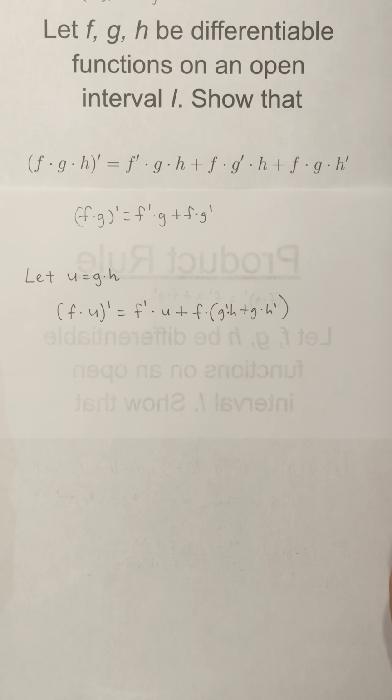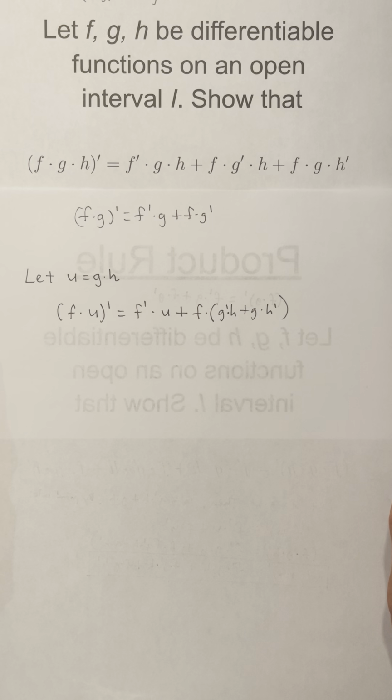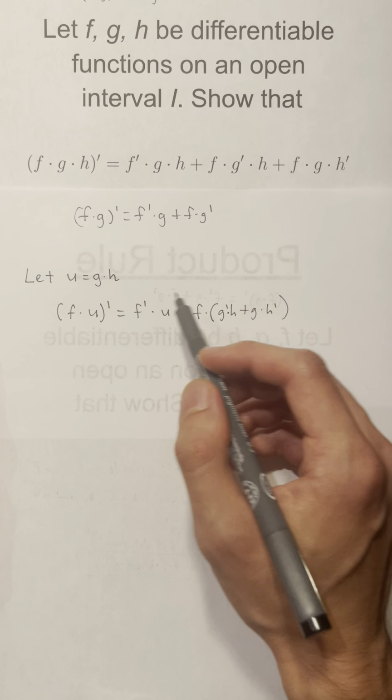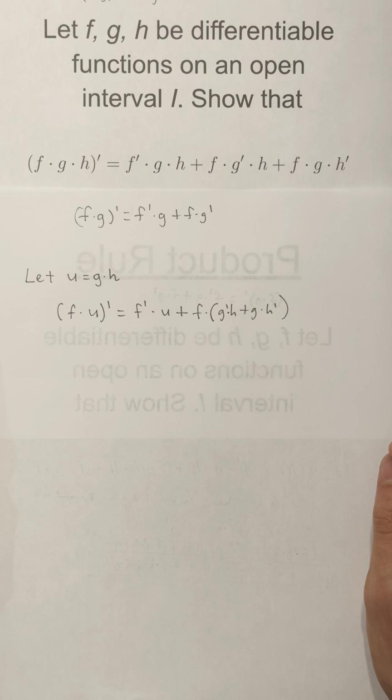What did we say we wanted this part to be again? We want this to be u prime. If we can get this to be u prime, then this is the same thing as this, which we know is true. Well, is this equal to u prime?